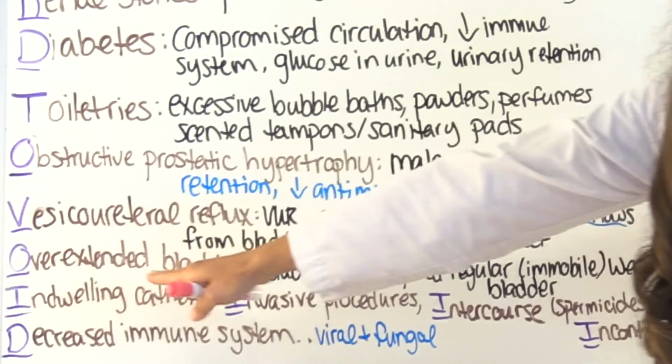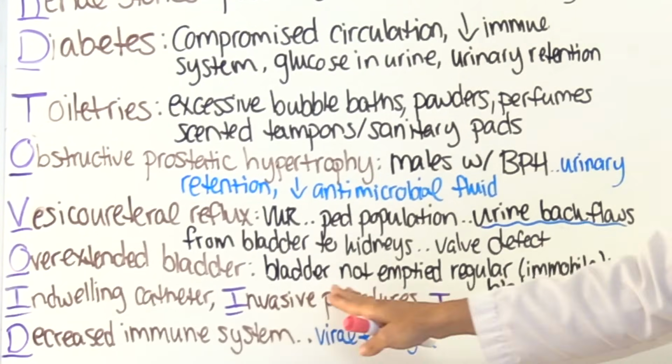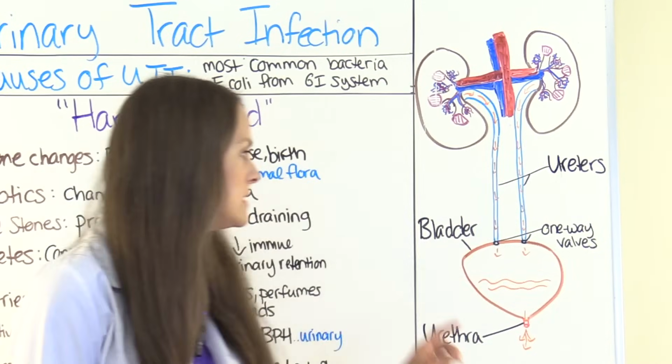Next, vesicoureteral reflux, also called VUR. This tends to happen in the pediatric population. It's a congenital defect, and what's happening is that urine is backflowing from the bladder to the kidneys because of a valve defect.